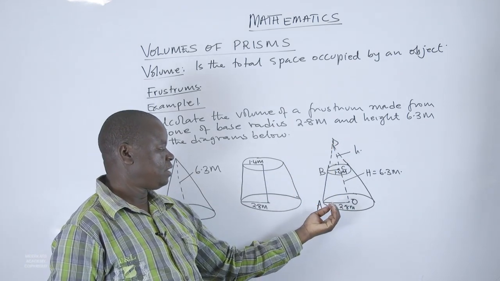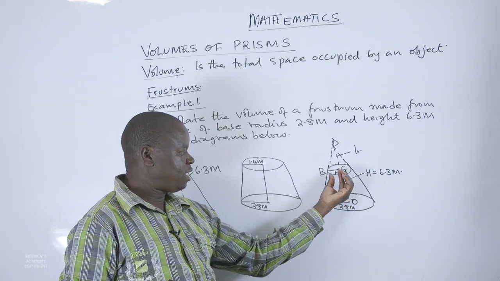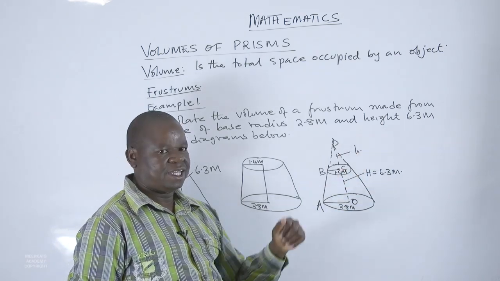But how do we get that? We say that the ratio of the radii is equal to the ratio of the heights.